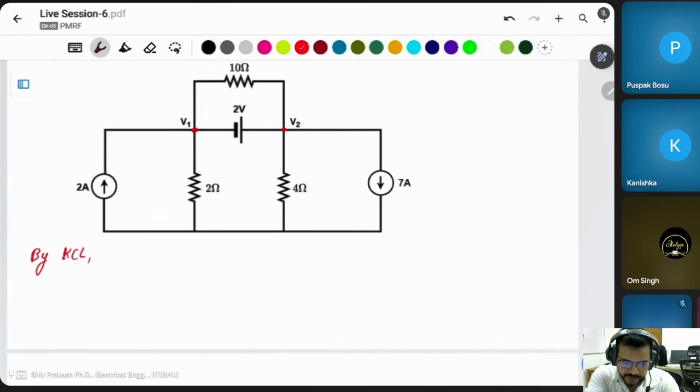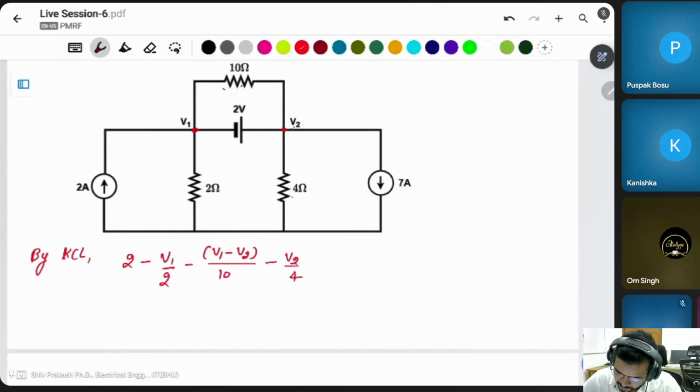This 2 ampere is coming in, then 2 ampere minus the outgoing V1 by 2. If you consider this resistor, then V1 minus V2 divided by 10 ohm, then V2 by 4 in this node, then this current is minus 7 equal to 0.